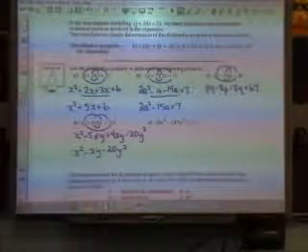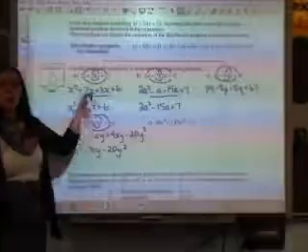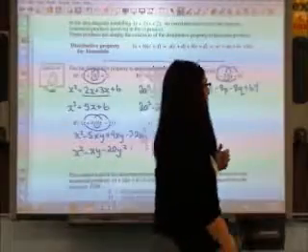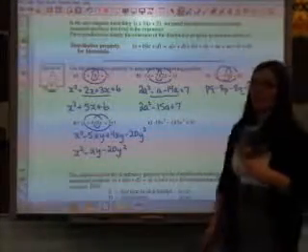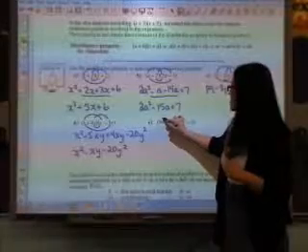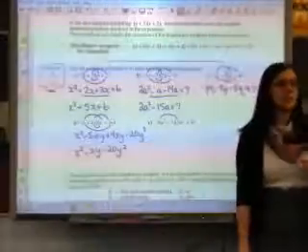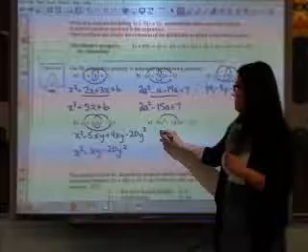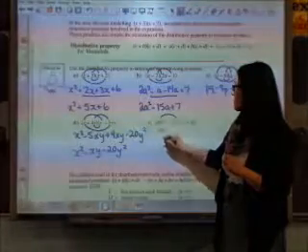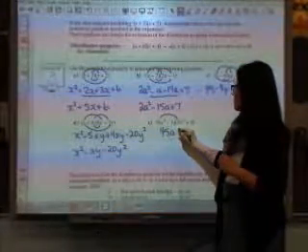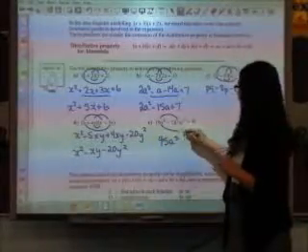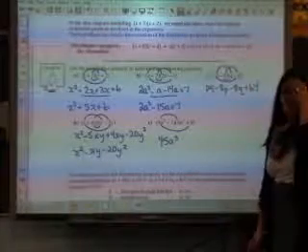If I follow this distributive property, the one thing that you noticed is your like terms tend to end up in the middle. Not all of the time, but most of the time. And the last one, 9a squared times 5a cubed would be what? 9a squared times 6.